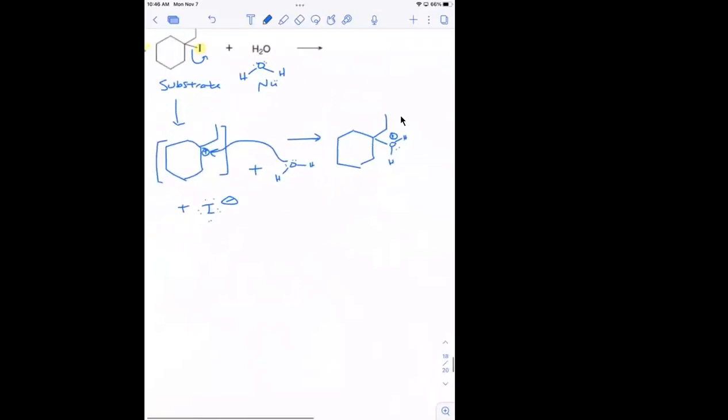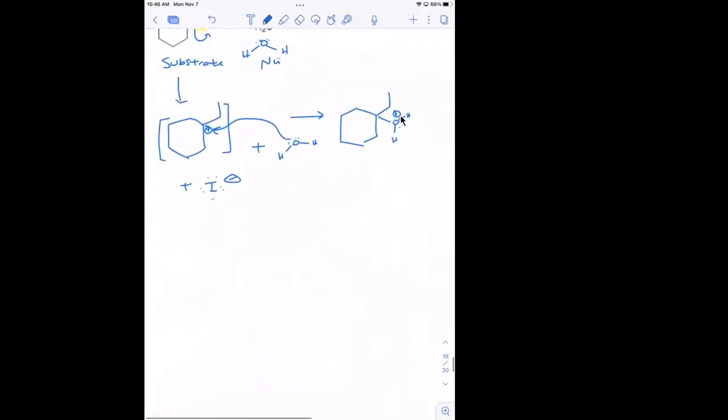Right? That will not stay that way. The water protonated like that, that's not going to stay that way. I want that to become an alcohol. Do I have anything present that can help me with that?